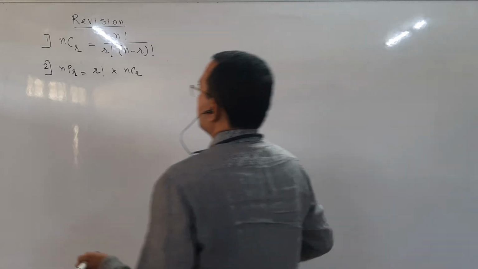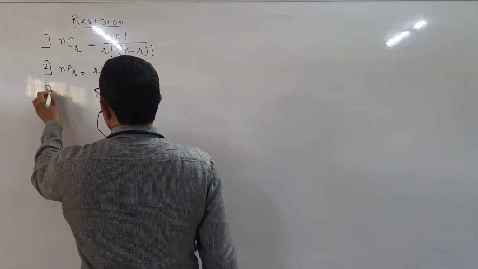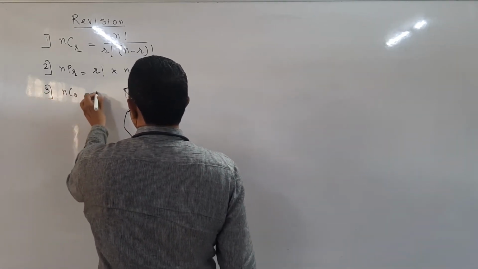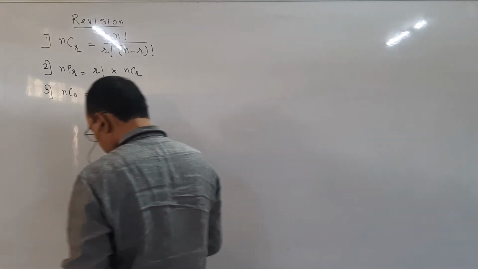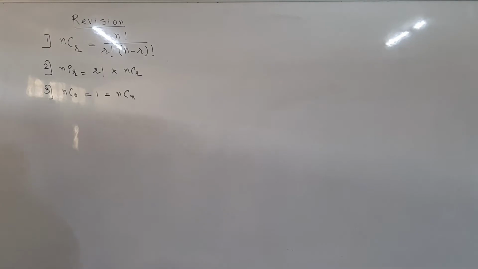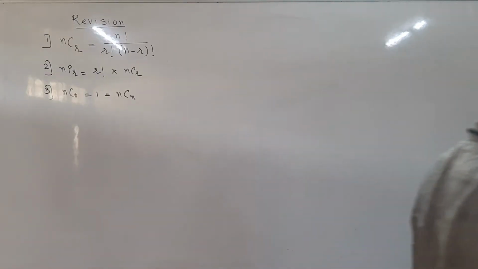The third important formula was nC0 is 1 and nCn is also 1. From given n things, I select all n things. That can be done in one way. And given n things, I reject all. That can also be done, students, in one way.